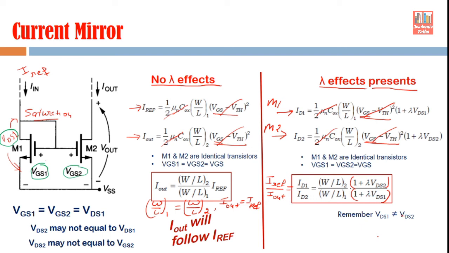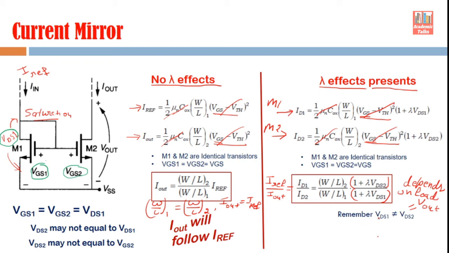Your VDS1 is always fixed, VDS1 is equal to VGS1 or VGS2, but the drain source voltage of the second device, that is actually your V out, depends on the load. So what is load? That will decide how much your V out is.